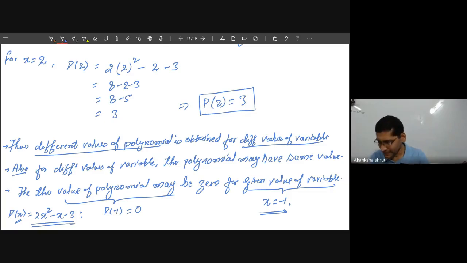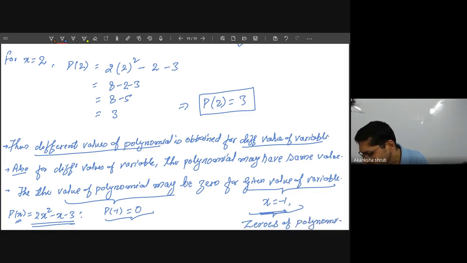So a new concept arises. Wherever p(x) becomes 0, that value of x for which we obtain the value of the polynomial as 0 is called the zeros of the polynomial.